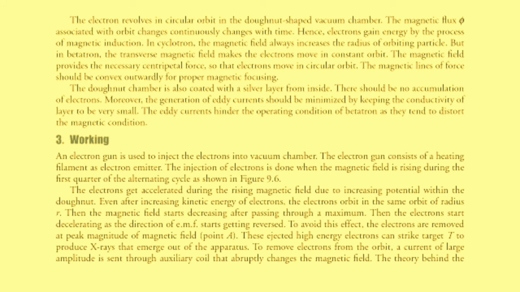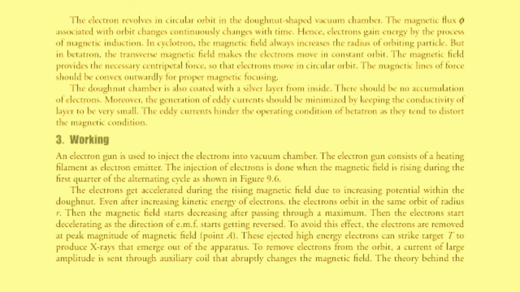The injection of electrons is done when the magnetic field is rising during the first quarter of the AC cycle, as shown in figure 9.6, which I will be showing to you a few minutes later. The electrons get accelerated during the rising magnetic field due to increasing potential within the donut.